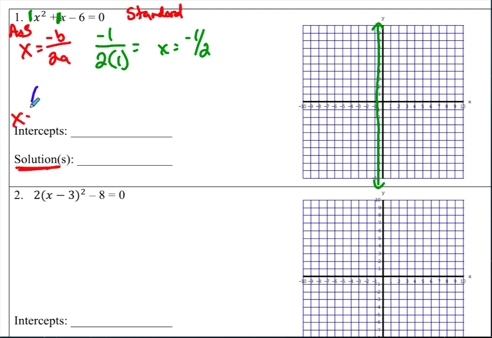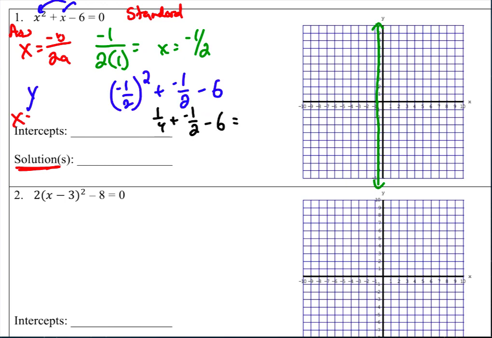To find my y value, I'm going to plug my x back into my equation. So I'm going to have -1/2 squared plus -1/2 minus 6. -1/2 squared is 1/4, plus -1/2 minus 6 gives me -6 and 1/4.